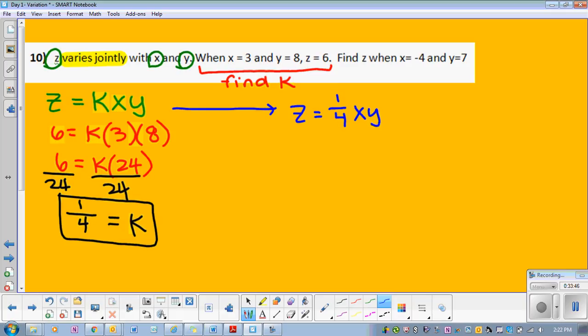And then the last part says find z when x equals negative 4 and y equals 7. We're going to use the k equation: 1/4 times negative 4 times 7.